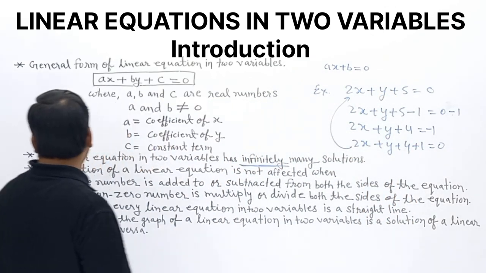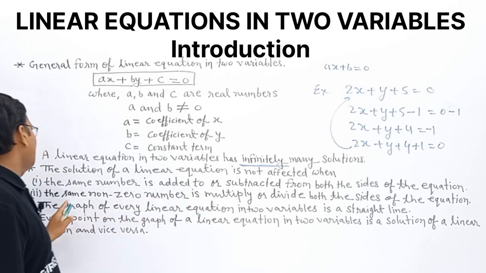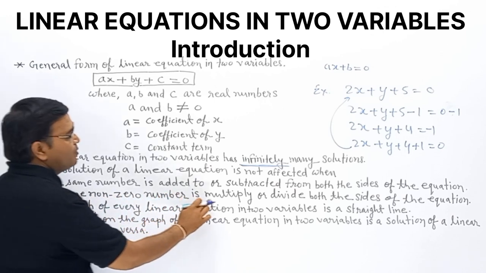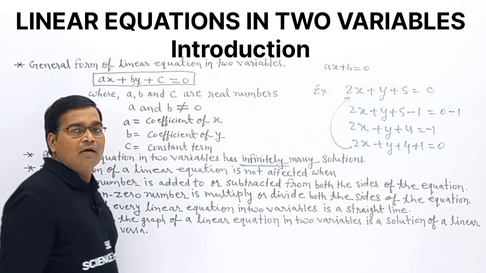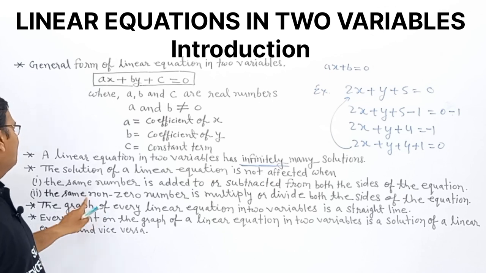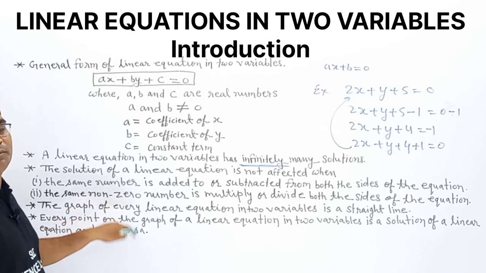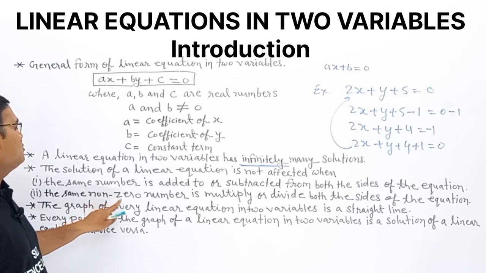Clear? Similarly, if the same non-zero number is multiplied or divided on both the sides, the equation is unaffected. Equation will not be affected. Clear? So same non-zero means except 0, we will not use 0.